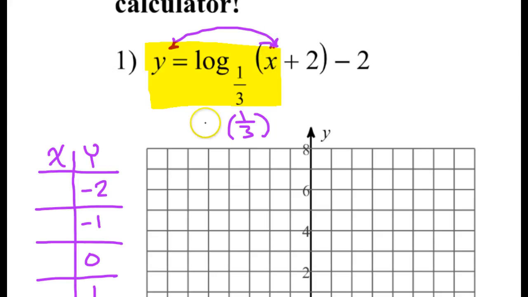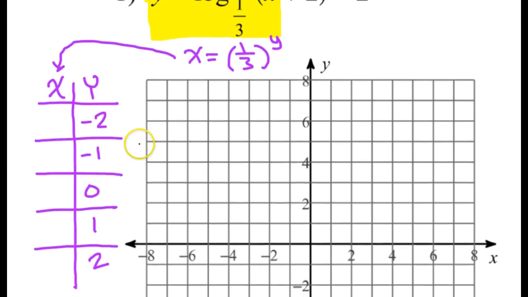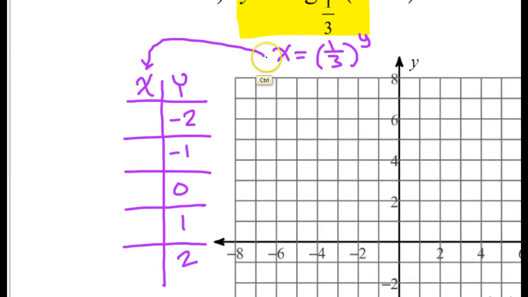So the x is going to wind up on the left side of the equation, and the y is going to wind up as the exponent. So this is the exponent form of the parent function. And this will be helpful because I can use this to find all my x values.